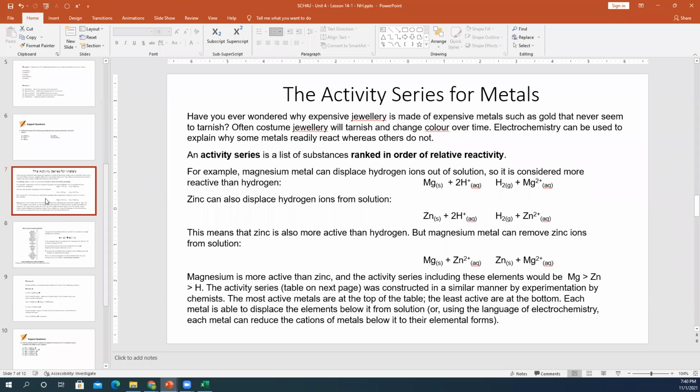An activity series, if you recall, is the list of substances ranked in the order of their relative reactivity. That's the activity series for metals. For example, magnesium metal can displace hydrogen ions out of solutions, so it is considered more reactive than hydrogen.